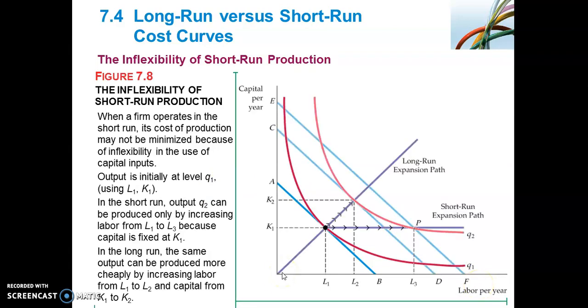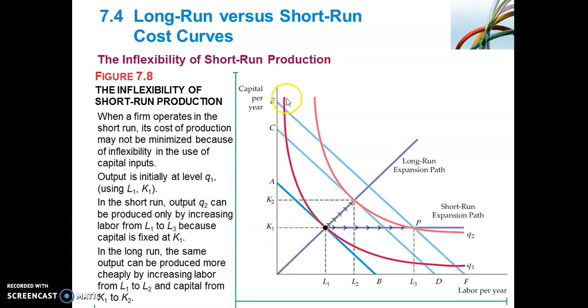Now you will see the long run expansion path goes from the origin, and it is a straight line in this case, and it is the same as what you had from figure 7.6. However, in the short run, the expansion path is different, and let's understand why. In our example here, in the short run, capital is going to be fixed at K1.